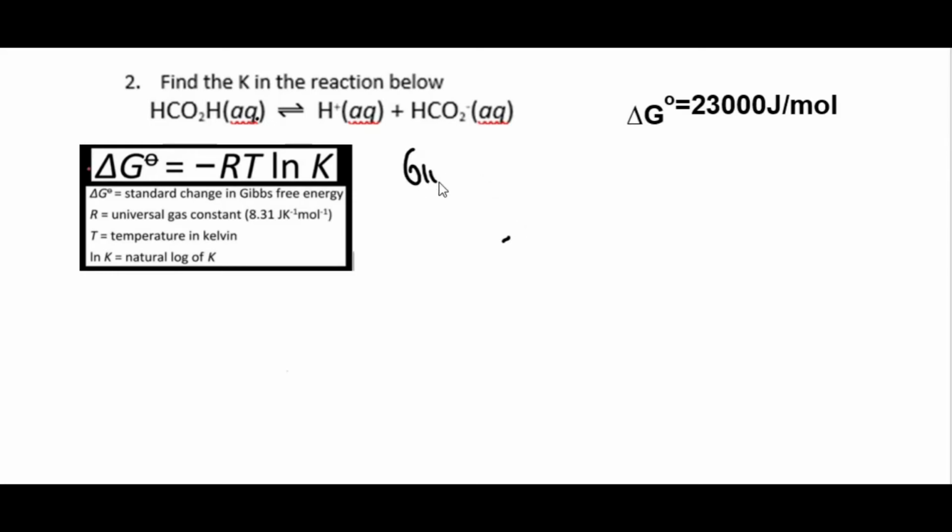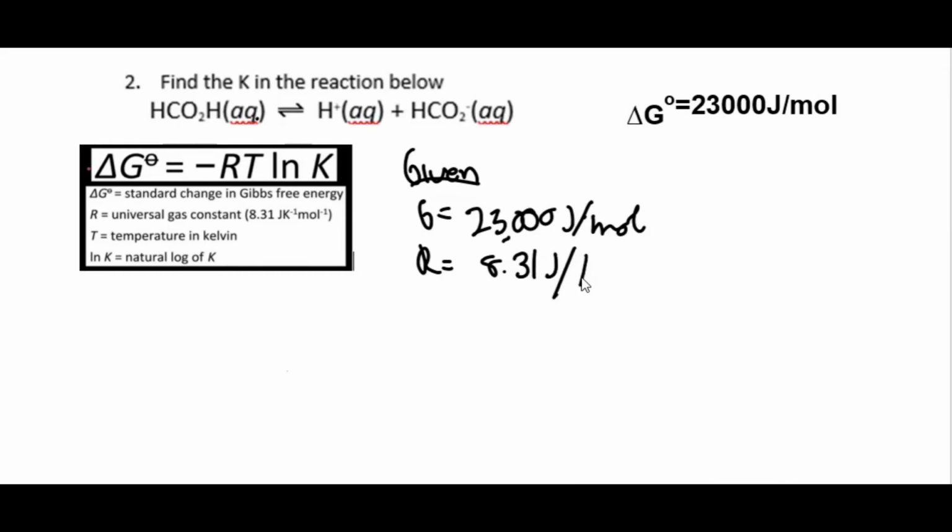Given G is 223,000 joules per mole, R is always 8.31 joules per mole Kelvin, and the temperature, let's assume it's 298, which is the standard, 298 Kelvin.